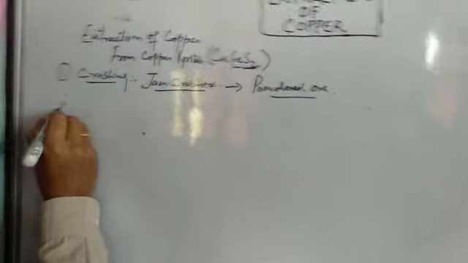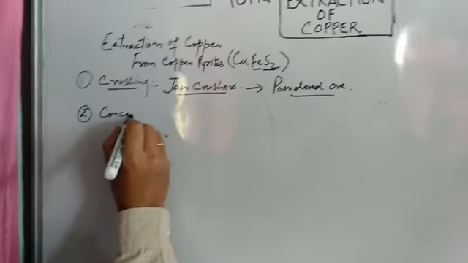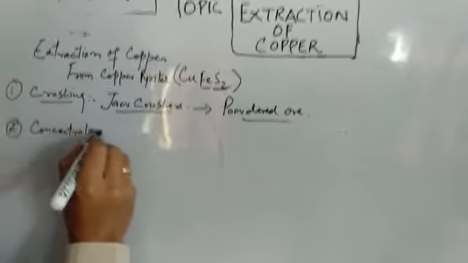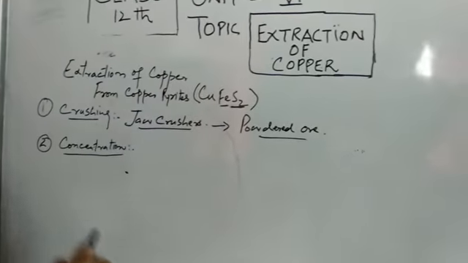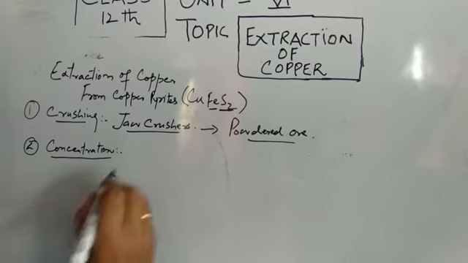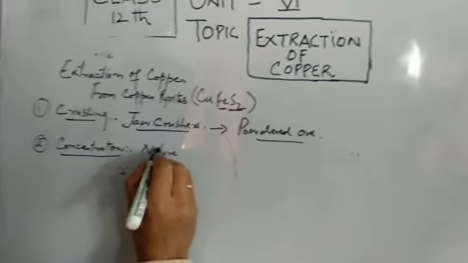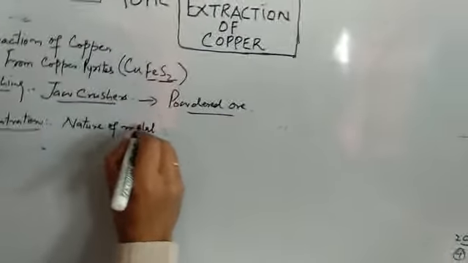Then moving to step number 2, the common step, concentration. If you remember, there were various methods of concentration, and only one of those methods is to be taken, and that depends upon the nature of the metal and the impurities.